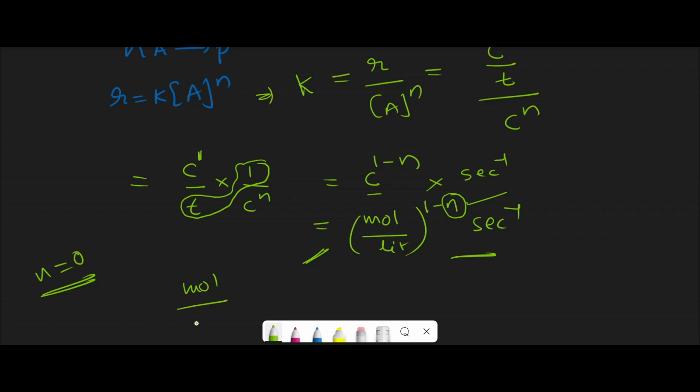So the answer will be mole per liter into second inverse, the rate constant unit for zero order. Similarly, you may substitute n equal to 1 to get the first order rate constant units. Obviously 1 minus 1 will be 0, and anything to the power 0 is equal to 1. Therefore you will get 1 into second inverse, that will be second inverse. Clear? So learn the general formula. Remember this in order to calculate the rate constant units for any order of reaction. Clear? So this is all about the rate constant units.